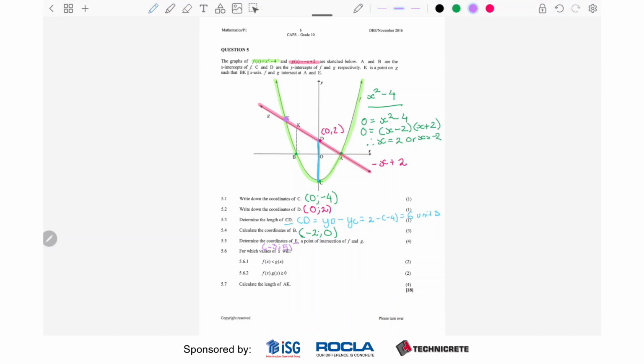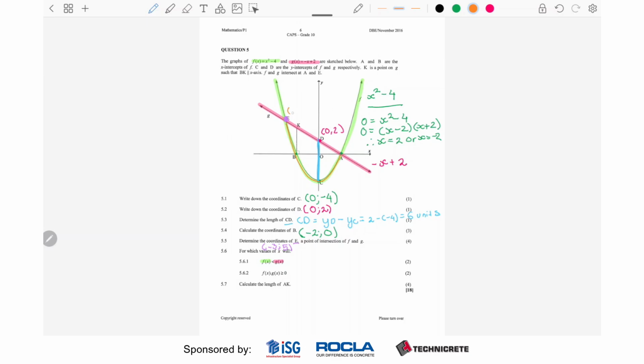Okay. Now they want us to find the values of x for which f of x is less than g of x. So if we look at our graph, we have to look at which values g of x is above. Well, the green graph is under the pink graph, and I see it's this part here.